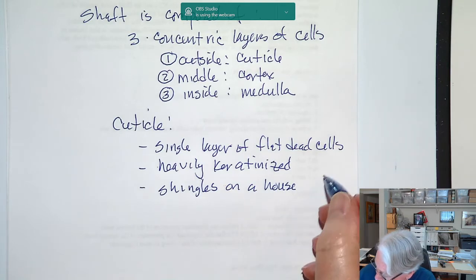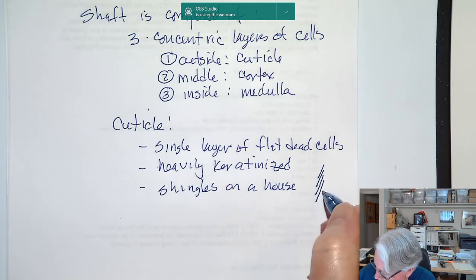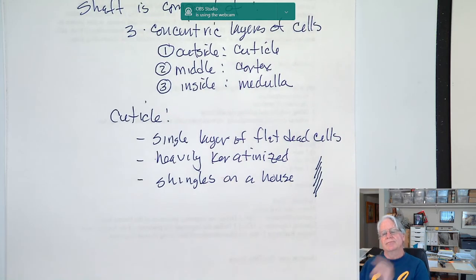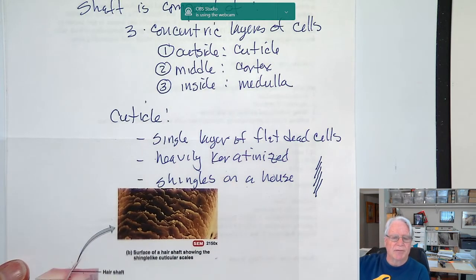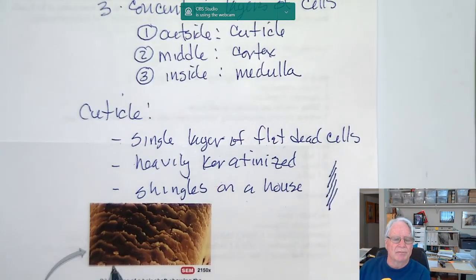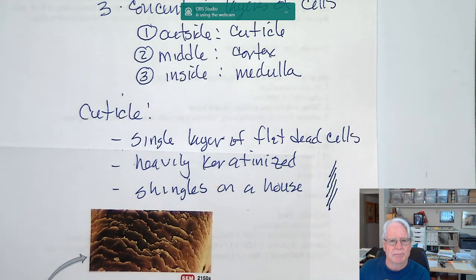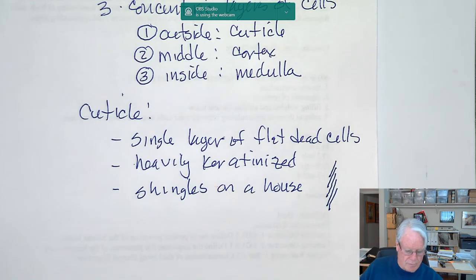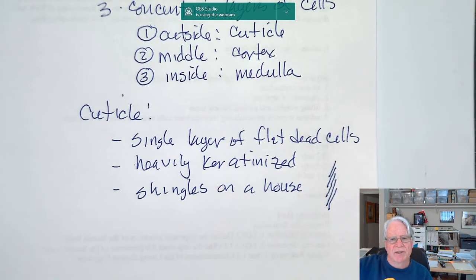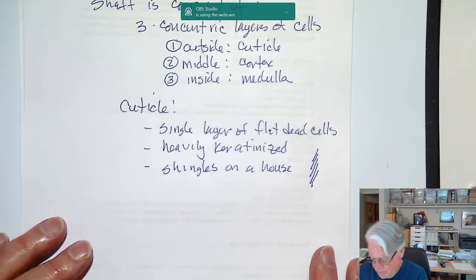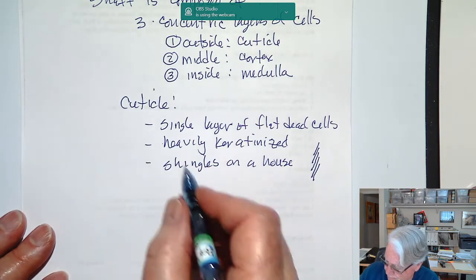So, in other words, what we're looking at is this kind of arrangement. Okay, they're overlapping. And in fact, we can see that pattern right here in this drawing. So, shingles, right, overlapping. So that's your cuticle.